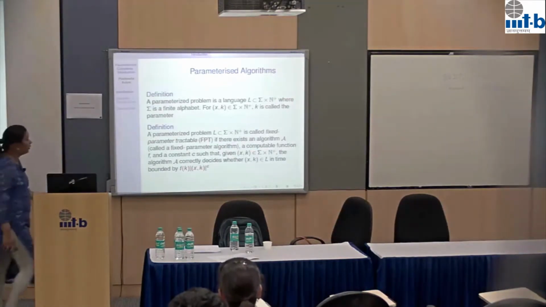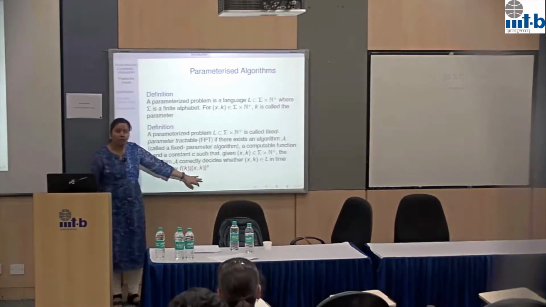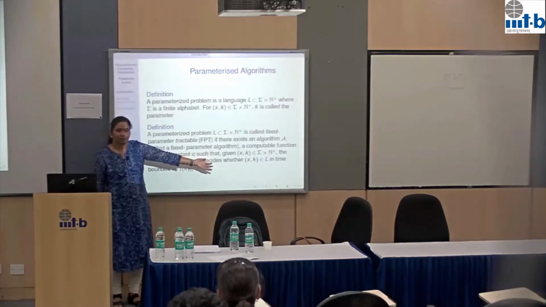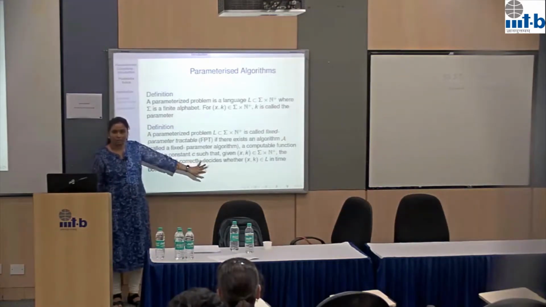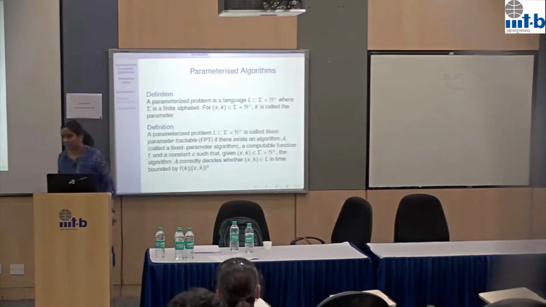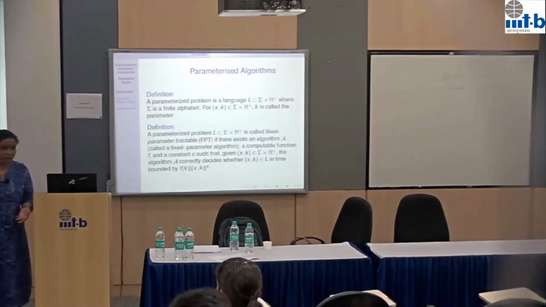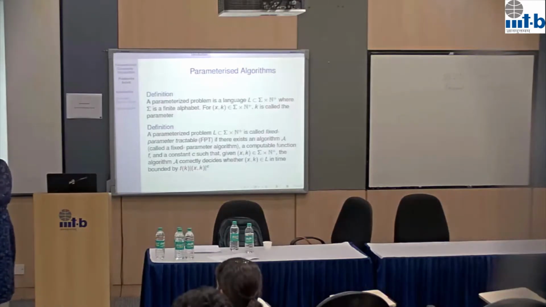And what do you have remaining? A polynomial running time. So this becomes efficient when k is small. So this is what you're looking for. And again, the motivation is that in a lot of real-world applications, for example a graph problem, a number of parameters are small.